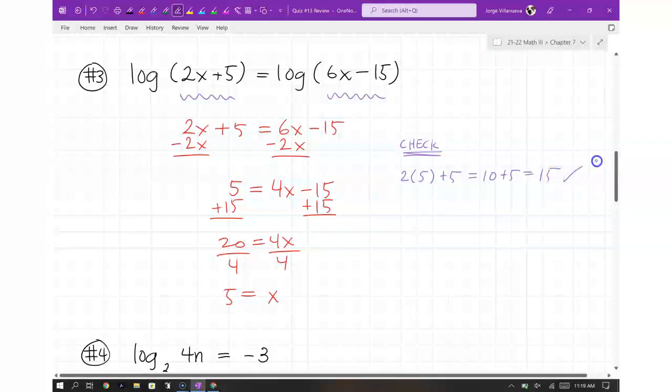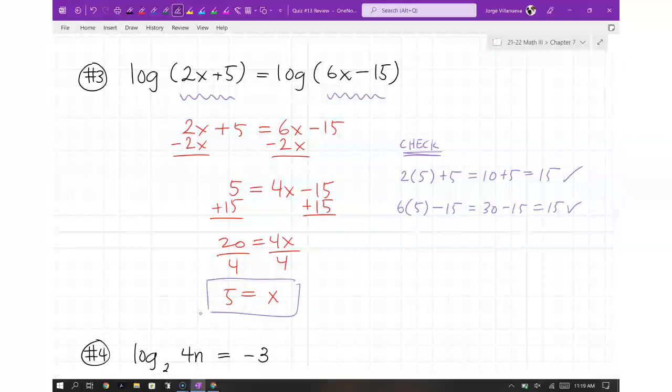So far, so good. Now let's plug it into the other one, 6x minus 15. So 6 times 5 minus 15, that's 30 minus 15, which is 15. That's positive, that's good. So this answer works.